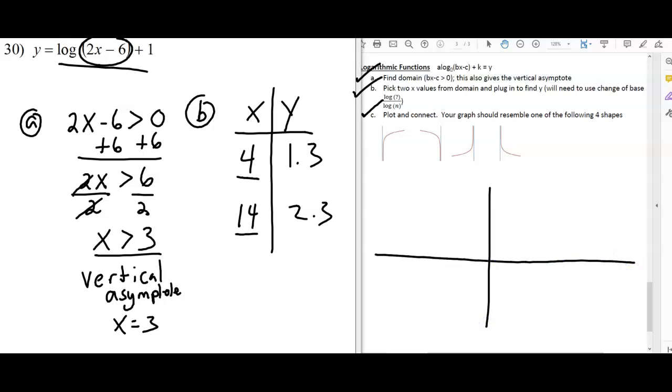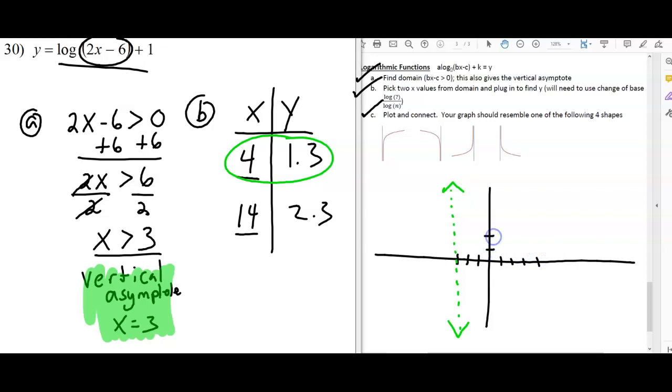So my vertical asymptote is x equals 3. So I'm going to go over 3, and I'm going to draw a vertical asymptote there. Next, we have 4, comma 1.3. So I'm going to go over 4 and up 1.3, which would be approximately here.